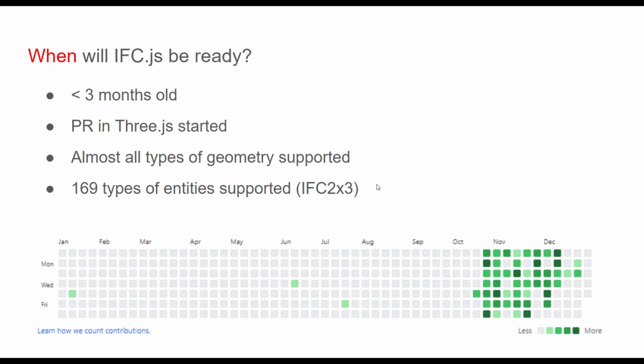And as you may know, IFC 4 is just more or less an extension of IFC 2x3, meaning that once we have that, supporting IFC 4 will be very easy, or easier than implementing this. So I am really optimistic. I think that this winter, or at least before spring, we will be able to support IFC 2x3 fully, and hopefully IFC 4. I don't want to make any promise, but this is going really fast, and I think we are really close.